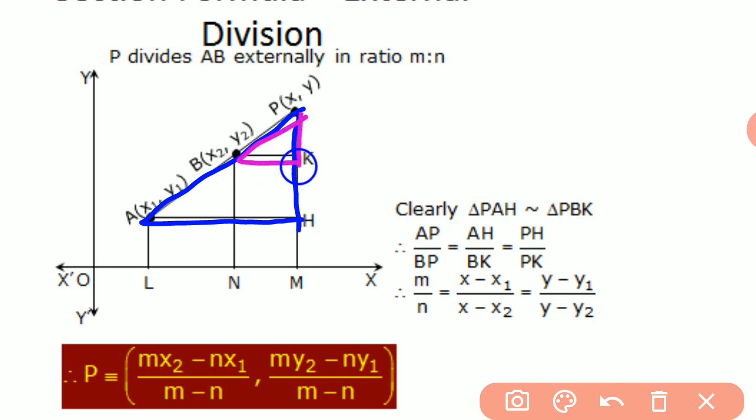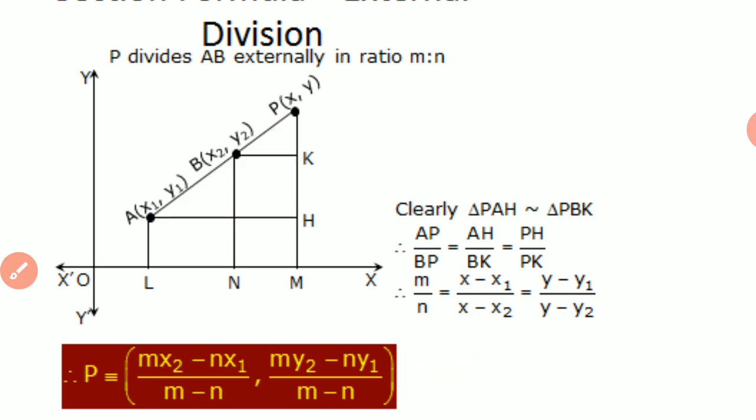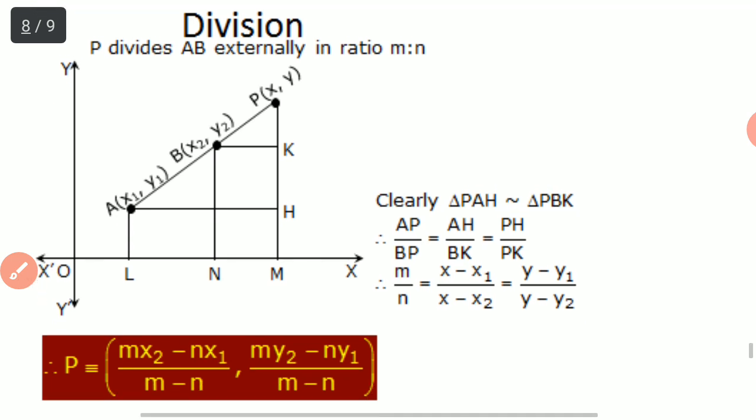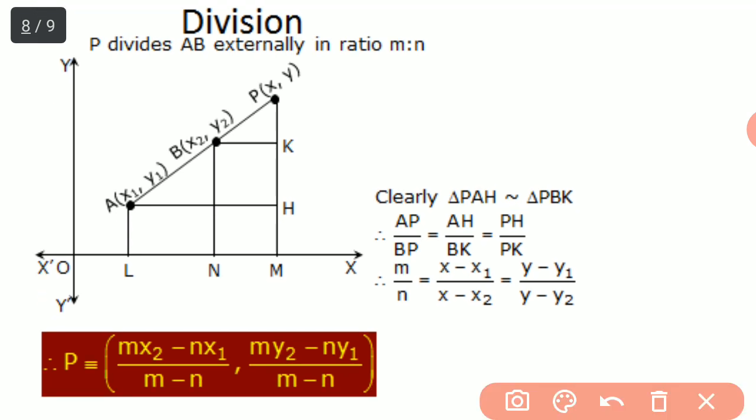We will compare the similarity in these two triangles and then find this result. Here the only change is the sign. In external division there will be a negative sign and all other terms will be the same as internal division, only the positive sign becomes a negative sign.